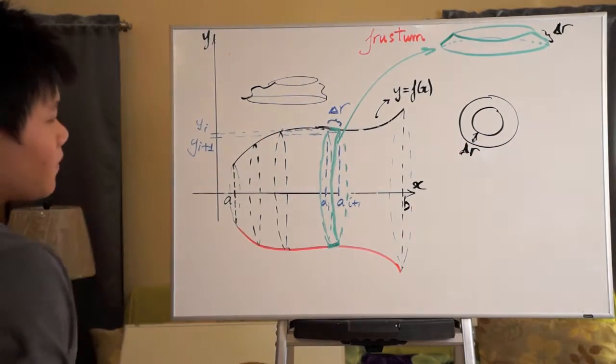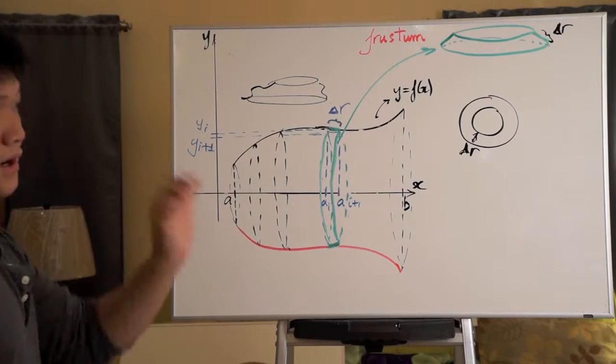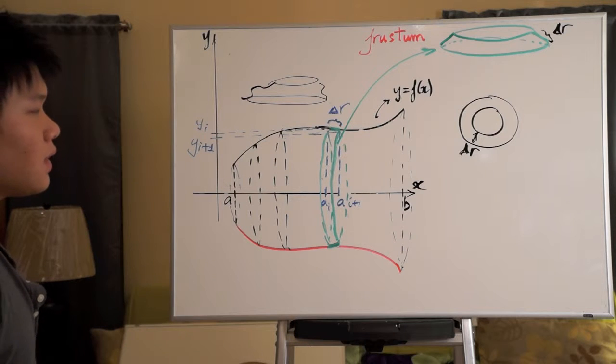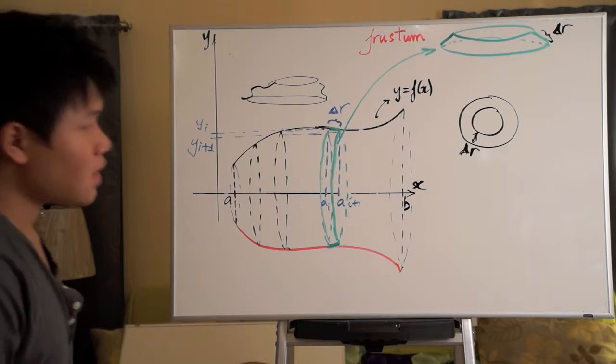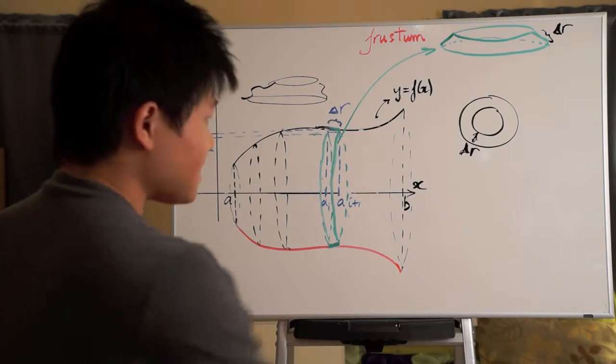Now, since delta r can reach some value, we can take the limit of delta r. When delta r gets really small, you can think of this as a strip.